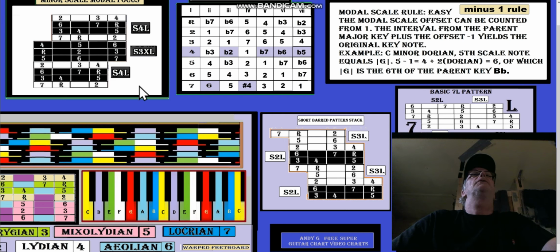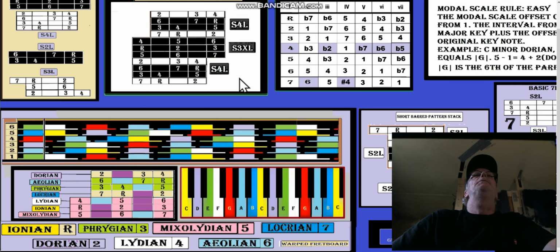F minor over here, I play it a lot. It's up here, and it's just F minor, so I would bar this one. If I wanted to play the super low one, but I don't have that. It's right above the E. So it would be C, F, and then this A flat here.